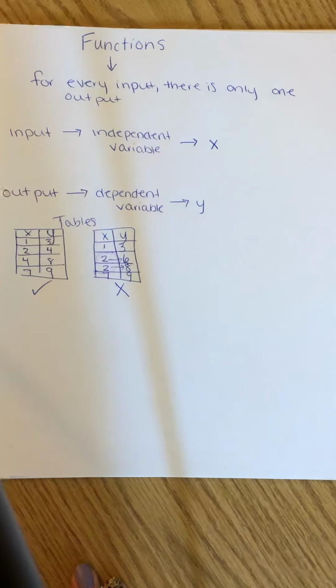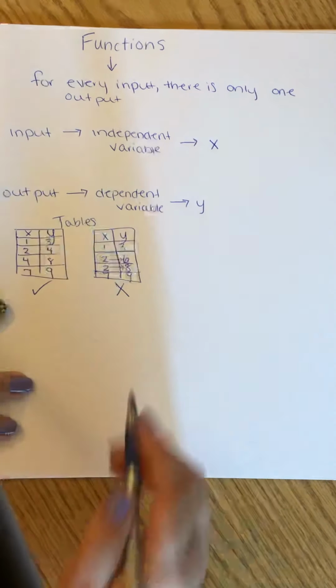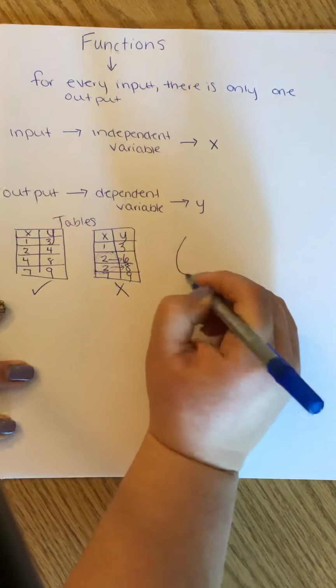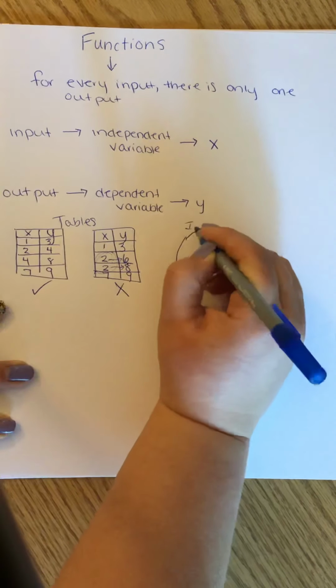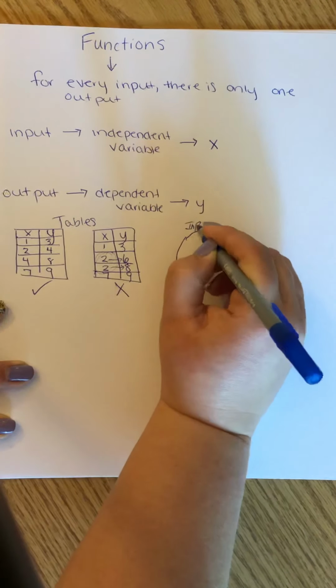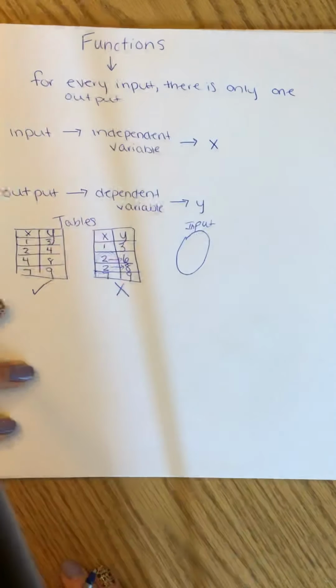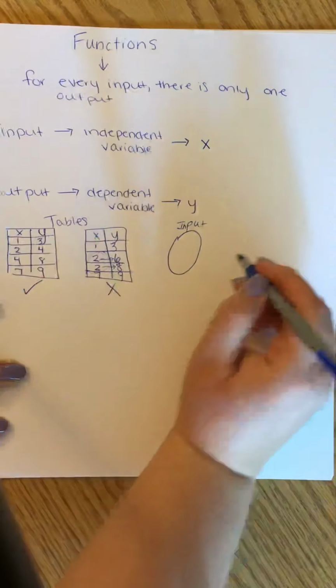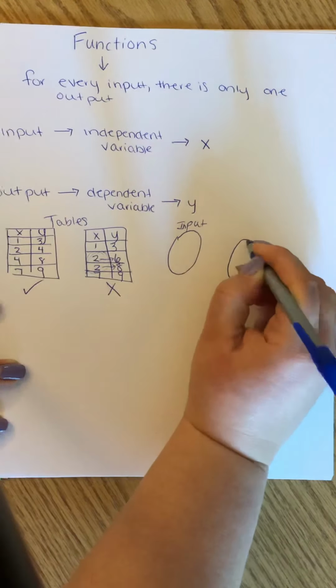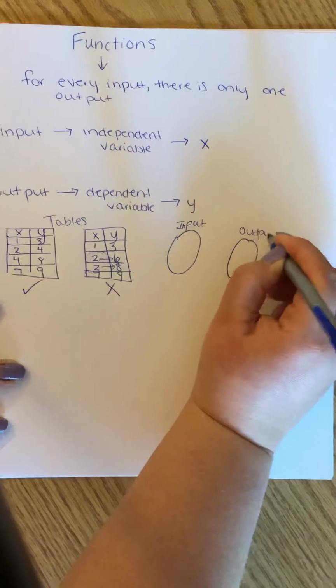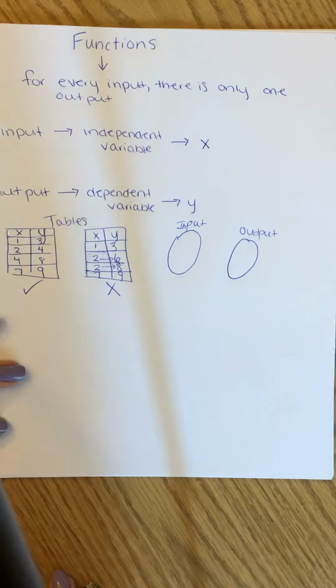But then there's this idea called mapping, which is kind of a new idea for you guys, but you're going to see that it's very similar to a table. It just looks like a couple of ovals instead. So if that's my input map, and then now this becomes my output map, okay?